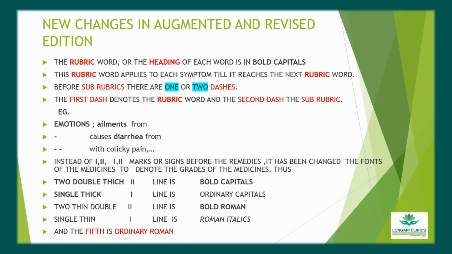The double thick line is now bold capital. The single thick line is now ordinary capital. The double thin line is bold Roman. The single thin line is now Roman italics. And the fifth one is ordinary Roman.